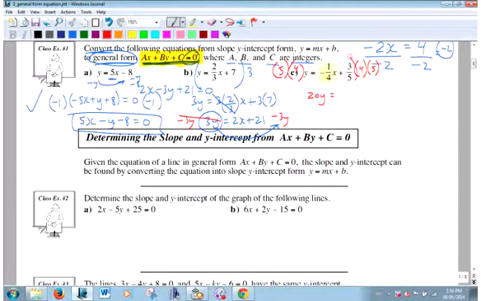This 5 times 4, now make sure you bracket that. It's times that side of the equation. Everything on that side of the equation, right? So that's 4 times 5, that's 20 times negative 1/4 x plus 4 times 5 is 20 times 3/5. Okay?